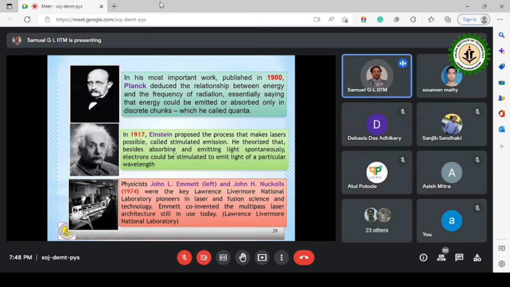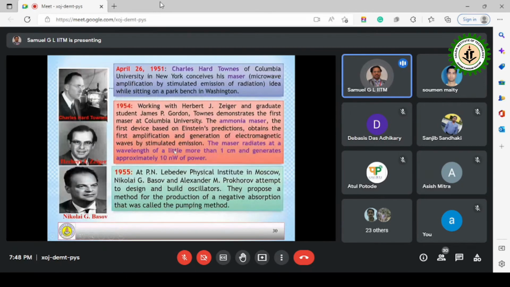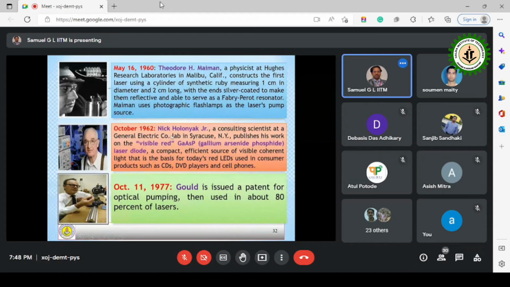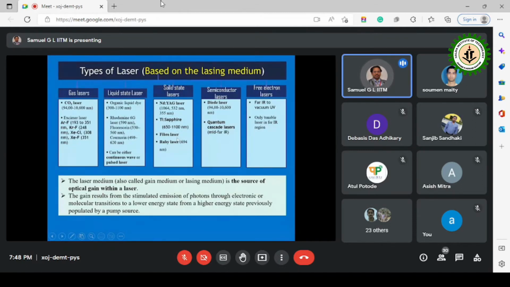Later in history, several people developed and contributed to making the lasers we have today. The laser discovery is actually of a lot of interest, and there are controversies, but we are not looking into the history, but into the technology.